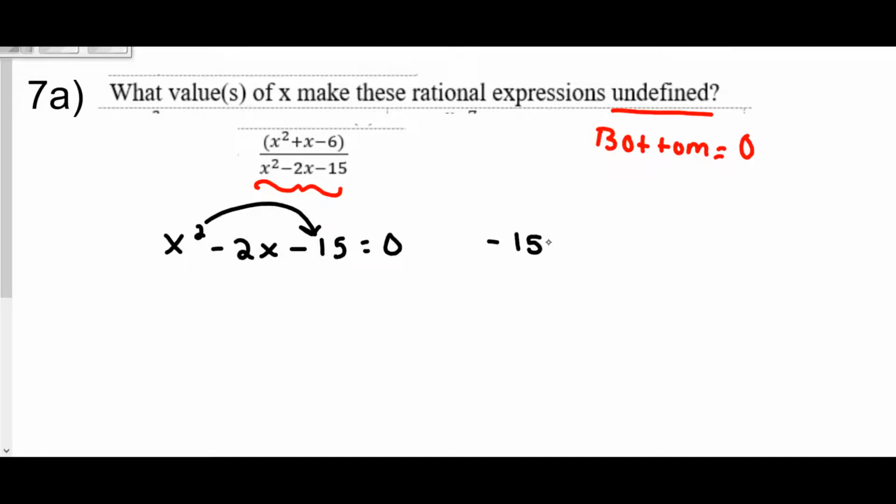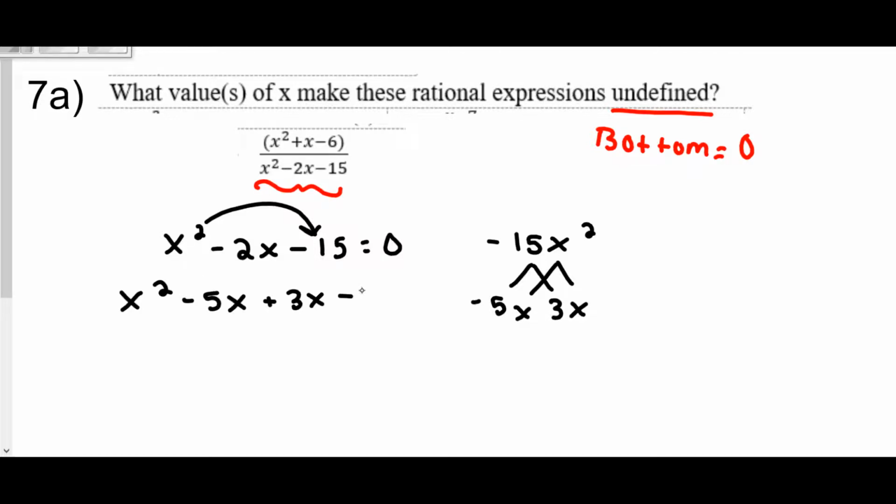Negative 15x squared. I'm going to find two numbers that multiply to negative 15x squared and add to negative 2. Those two numbers are negative 5x and 3x. Substitute them back in: x squared minus 5x plus 3x minus 15 equals 0.